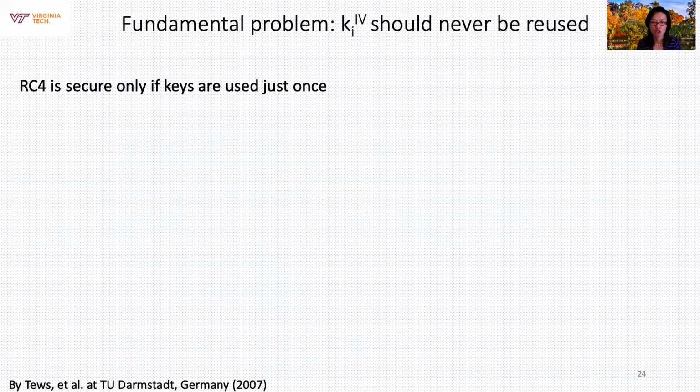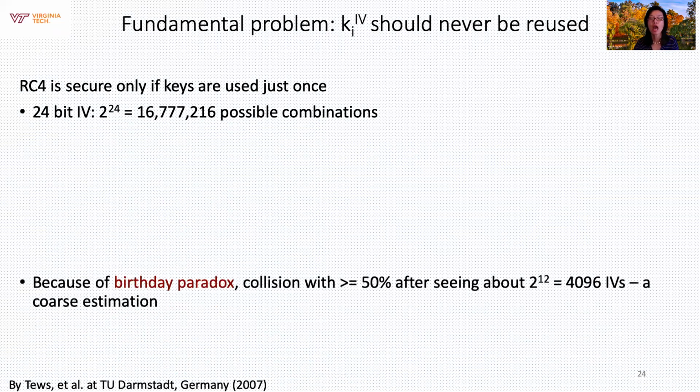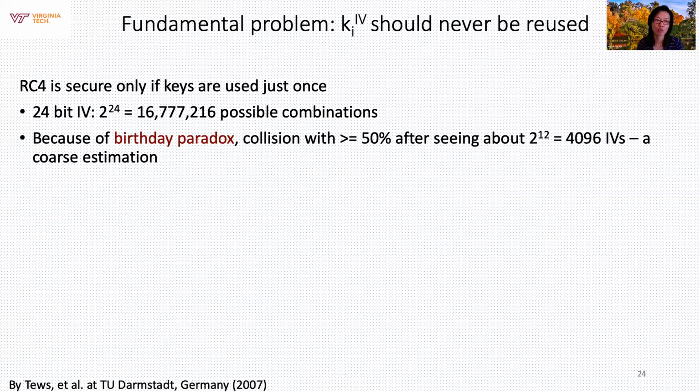One of the fundamental issues is that the key is too short, and therefore it gets wrapped around very quickly. Superficially, you see the key is 40 bits, so it's pretty big, right? And the initialization vector is pretty big. But then you realize that we talked about this birthday paradox. Even though it looks really big, the number 60 million and so on, the collision will happen pretty quickly.